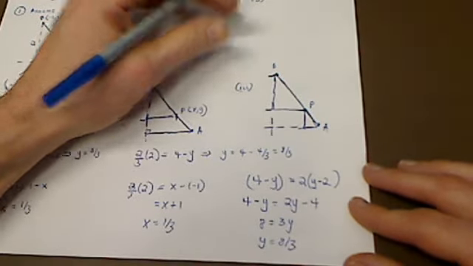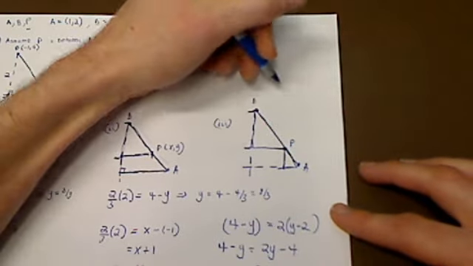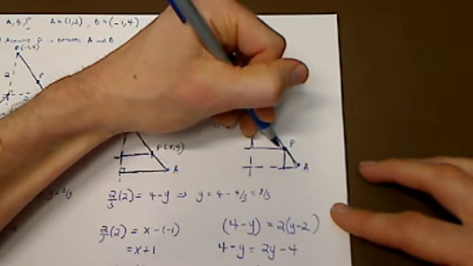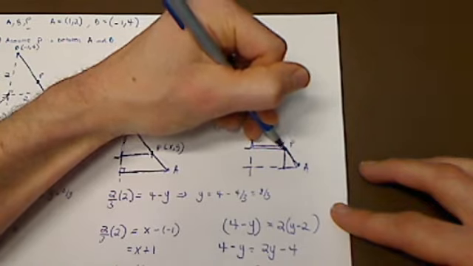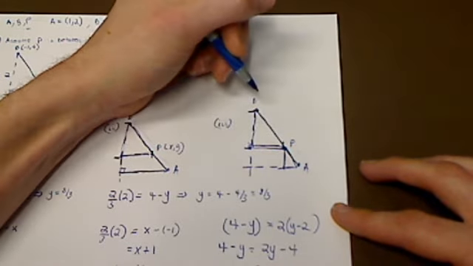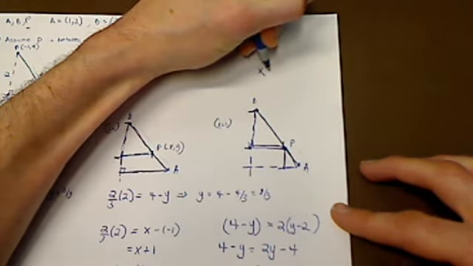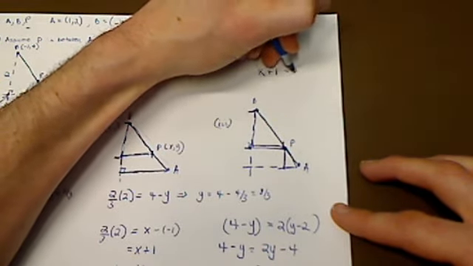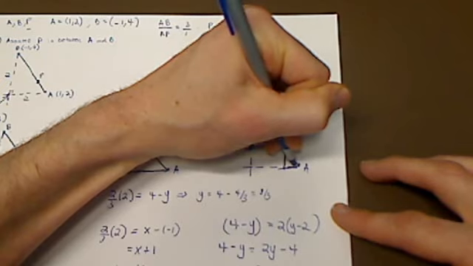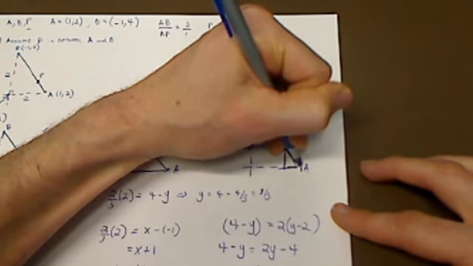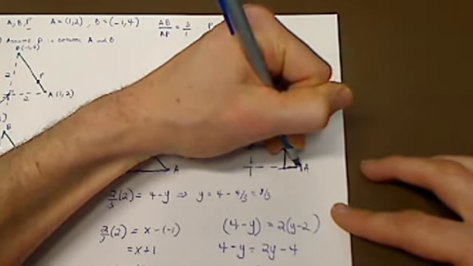Okay, and we can do the same thing for the x coordinate. You can say, well, this one right here is the x coordinate subtracted with the x coordinate here, and so I have x minus negative 1, so x plus 1. I know that's twice the length of this one, which is the x coordinate of A, which is 1, minus x.